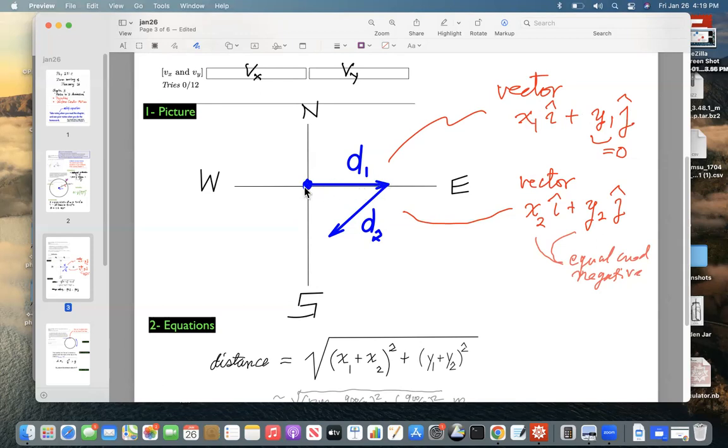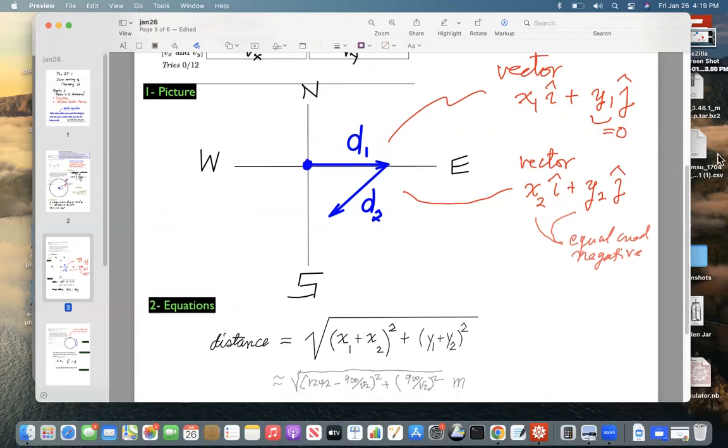But d1 only goes to the east. So y1 is 0. x1 is the distance d1, which is the length of the vector, about 1.2 kilometers.